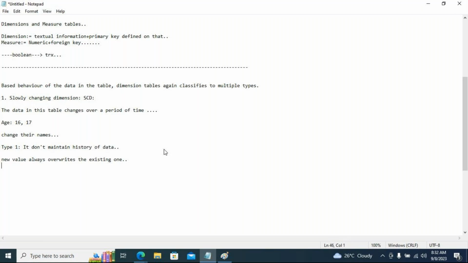So when a value overrides the existing one, what happens? There is no history. Let's take a customer table with customer name, date of birth, and age. For example, Prem is a customer we have.